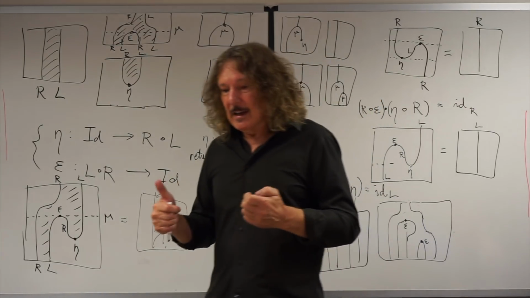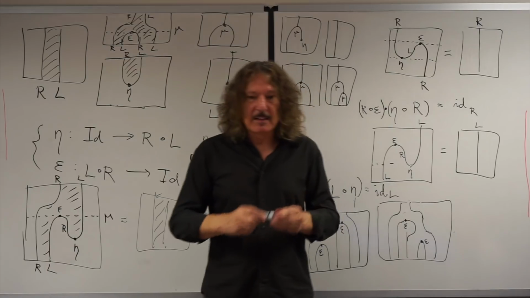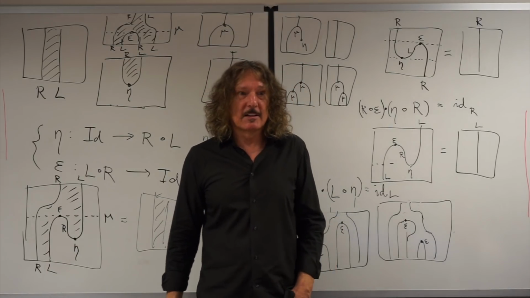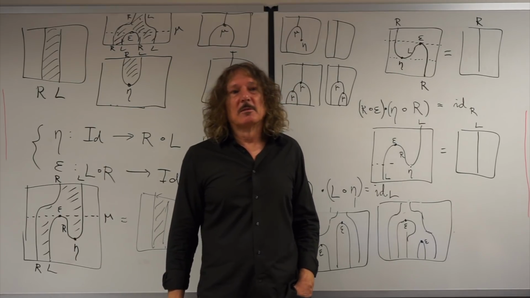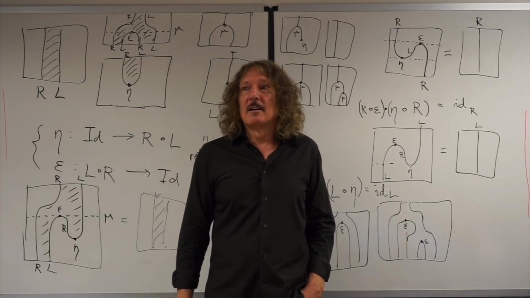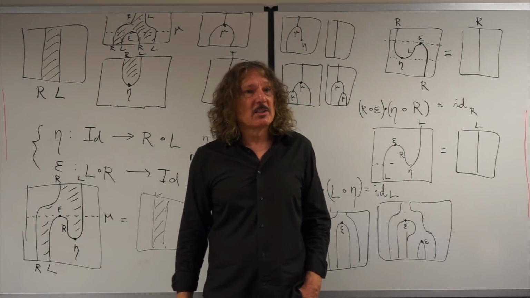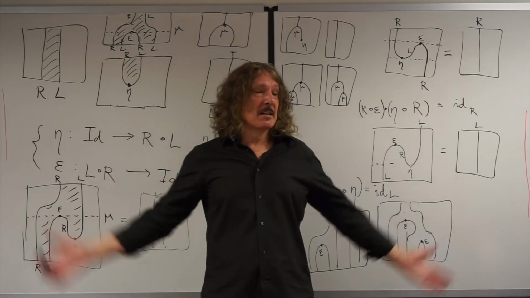And now the interesting thing is, the mathematicians asked themselves, is the opposite true? If I have a monad, can this monad be obtained from an adjunction? Or are there more monads than adjunctions?